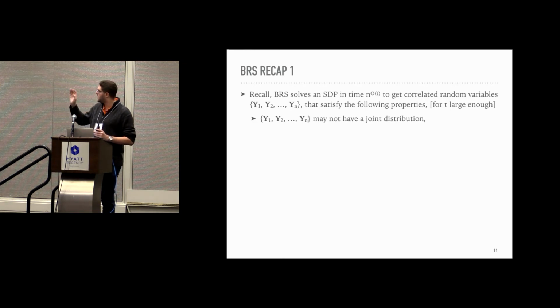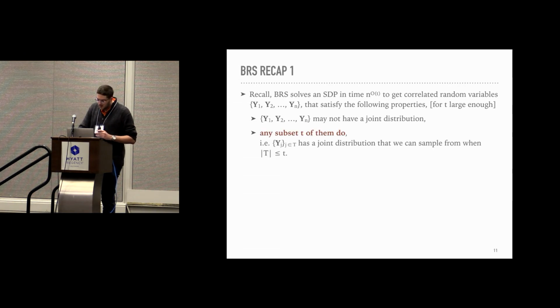So there might be no distribution that you can sample from that will be consistent with the individual things you get. But if you look at any subset of these variables containing at most t of them, there is going to be a joint distribution that we can sample from. So t is just going to be some parameter that will essentially quantify the complexity of the SDP I'm solving.